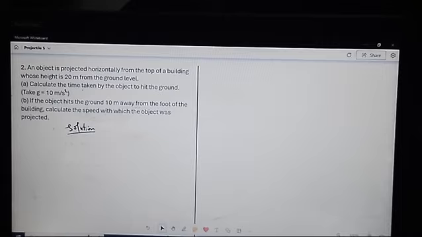So we're going to look at these 2 questions carefully to help us not to make any mistake. We're going to illustrate the question with a diagram. Let's say this is the height.